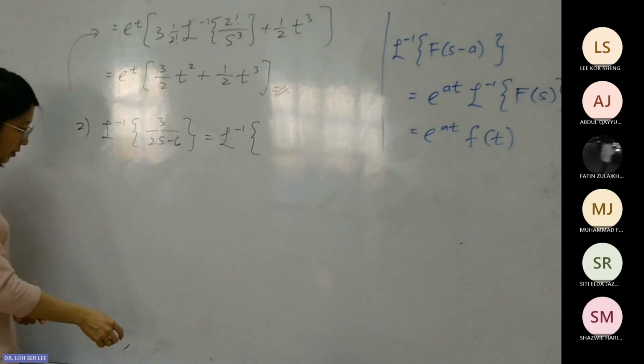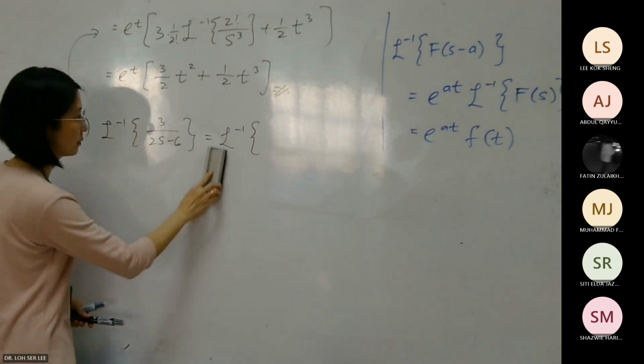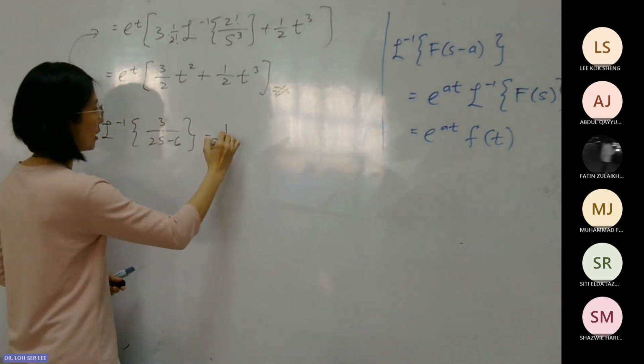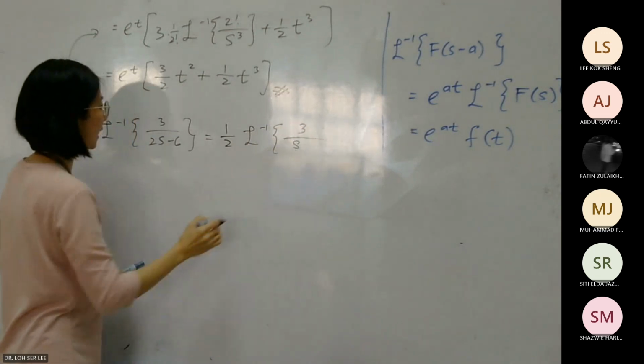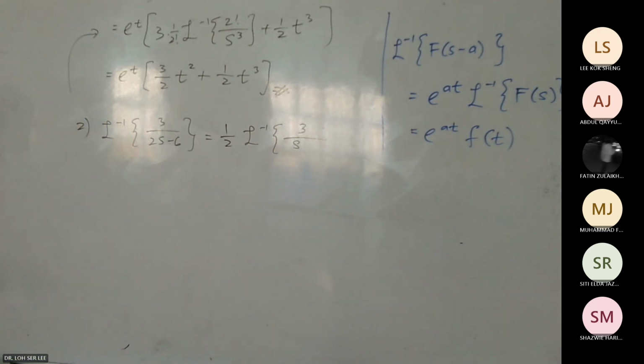When you factorize the 2 from the bottom, you have 1 over 2 times s minus 3.